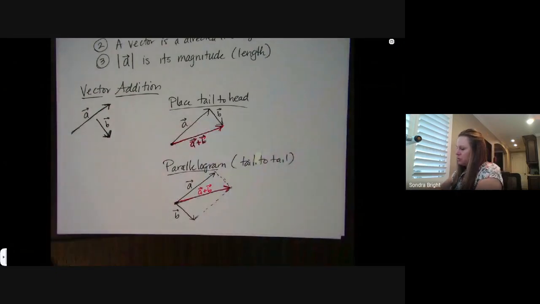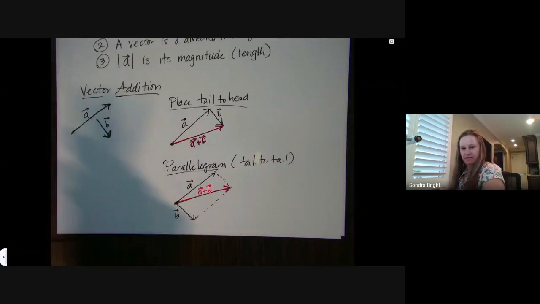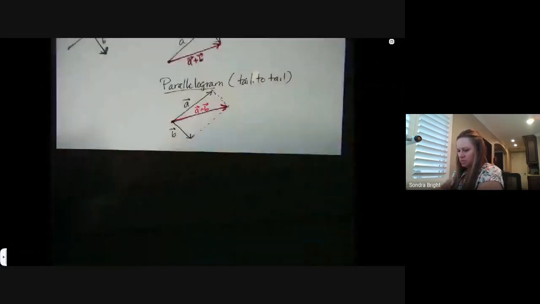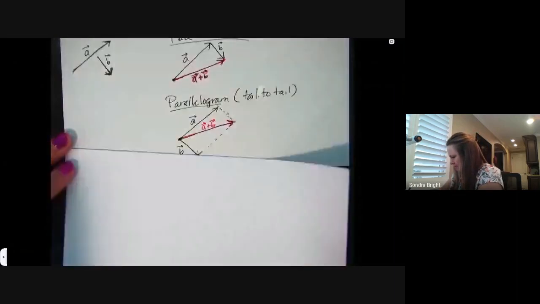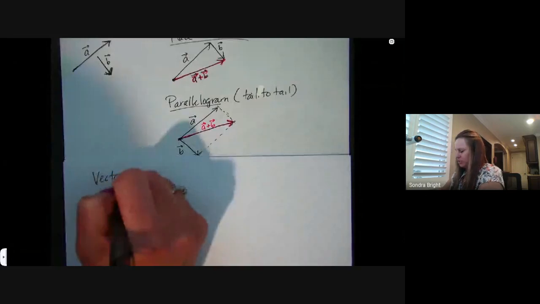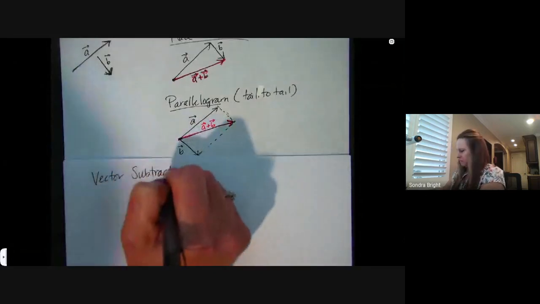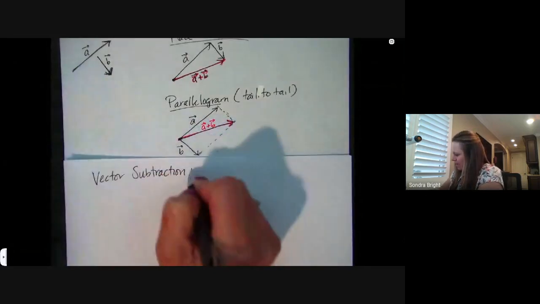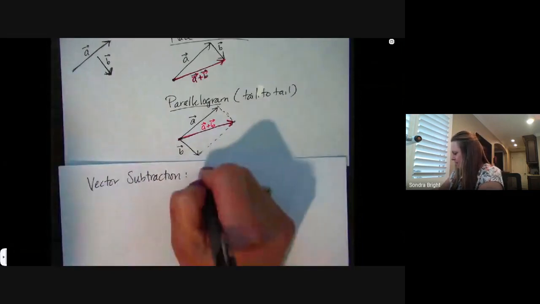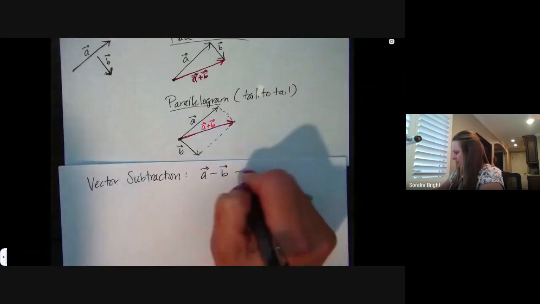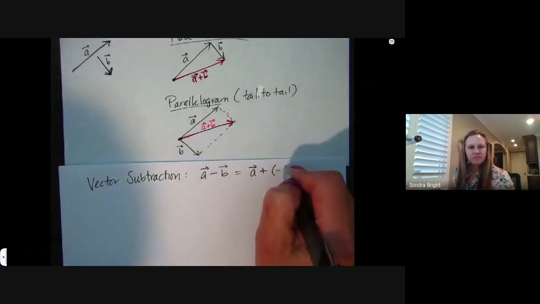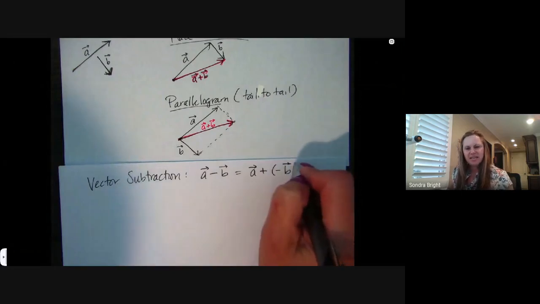If you do vector subtraction, what if we ask you to subtract? Well, all you've got to do is change it to an addition problem. A minus B is the same thing as vector A plus negative B. You agree? 2 minus 3 is the same thing as 2 plus negative 3.